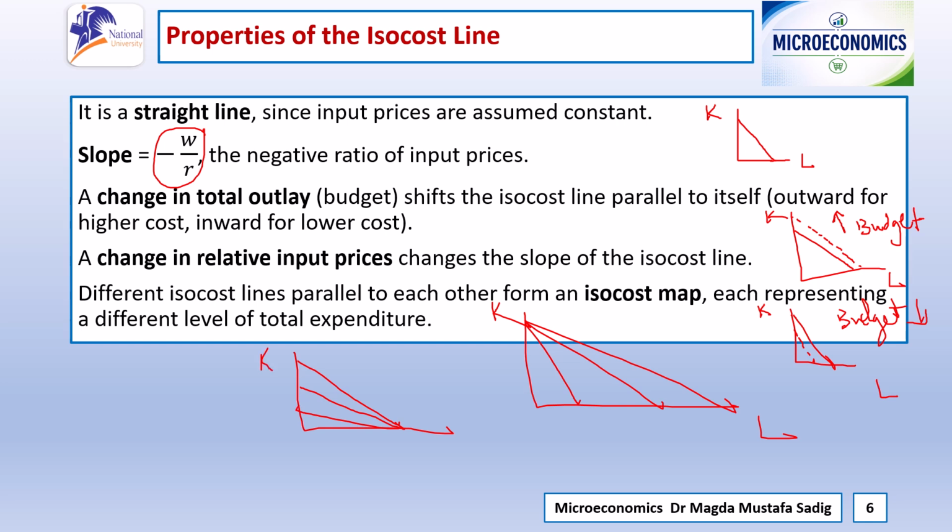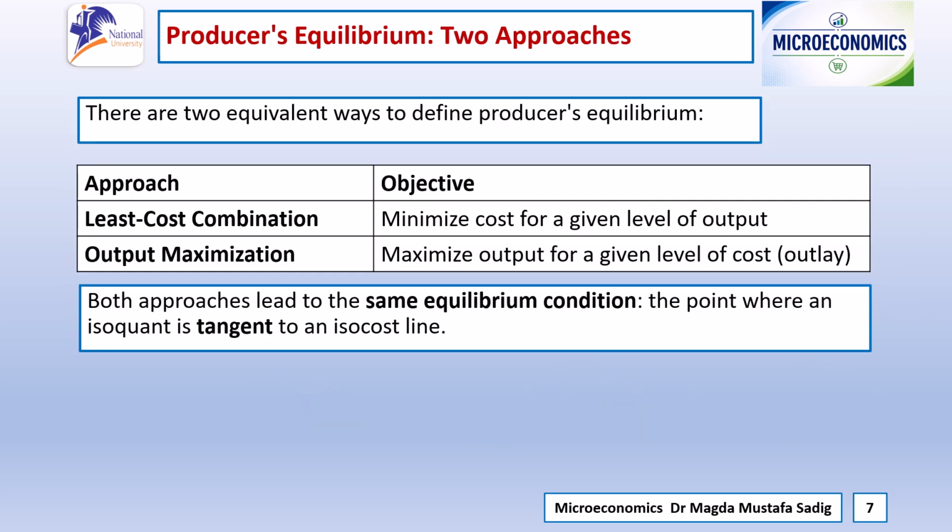This happens in case one of the input prices increases or decreases while the budget remains the same and the other price remains the same. The line rotates rather than shifting parallel. This happens when wage or capital prices change, so the slope changes. This shows that the change in input prices affects production decisions.